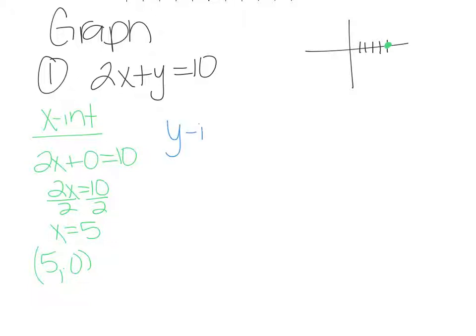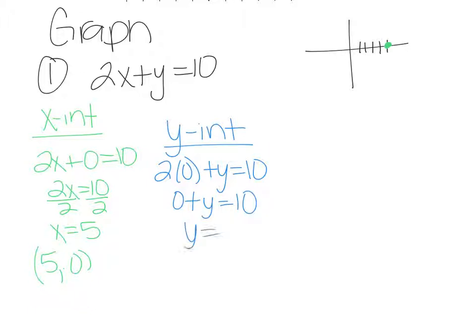Let's find the y-intercept. How would you find the y-intercept? X equals 0. Whatever my line looks like, I know that when it crosses my y-axis, my value for x is 0. So I have 2 times 0 plus y equals 10. Okay, well, this is kind of nice because 2 times 0 is just 0, and 0 plus y is just y.